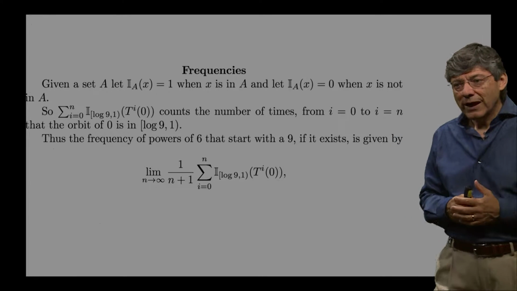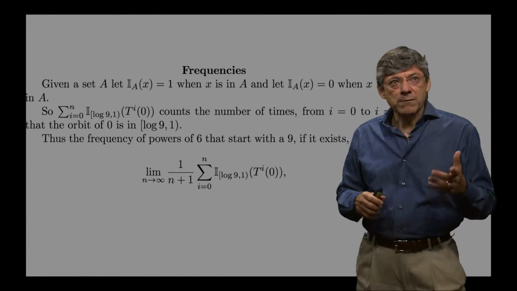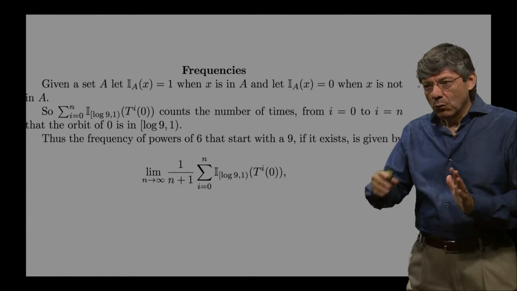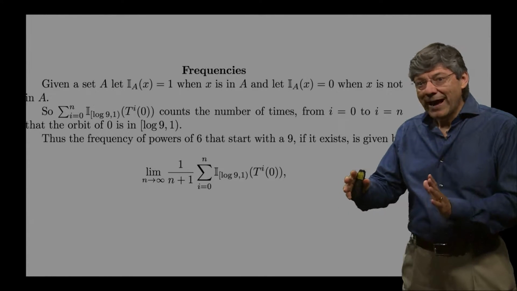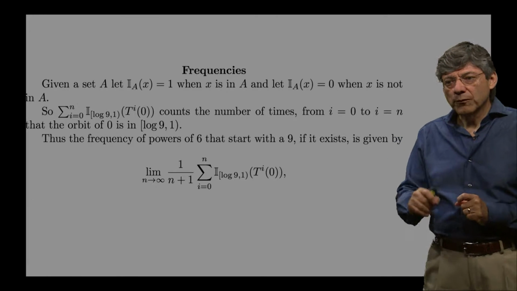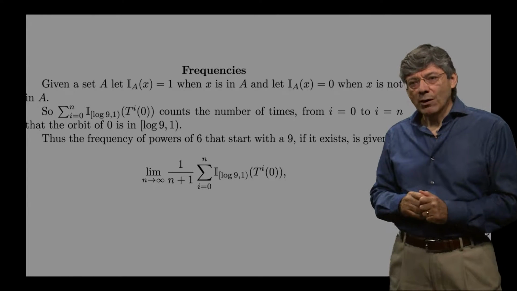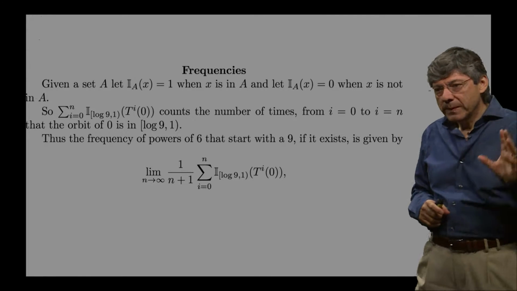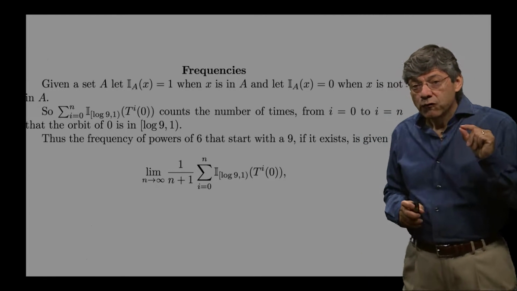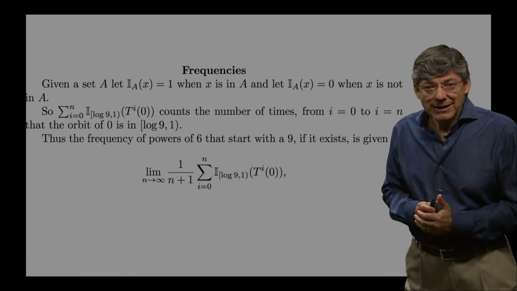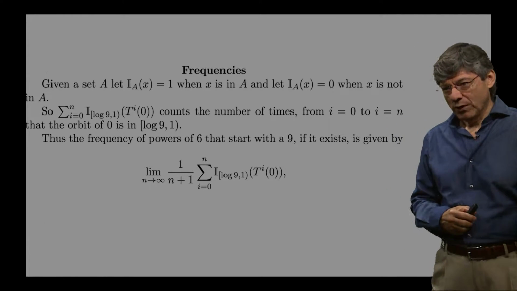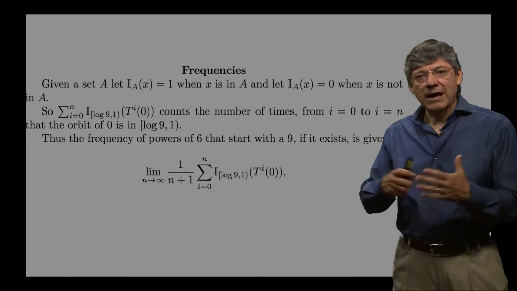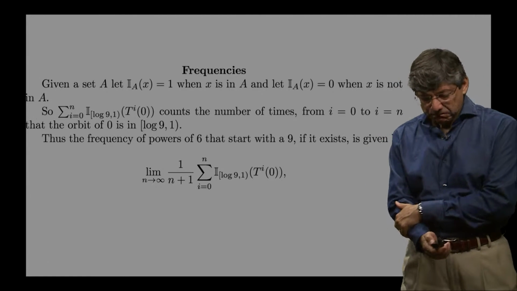So you look at 1 over n plus 1, times the sum from i equals 0 to n of the indicator function of (log 9, 1), evaluated at t^i(x). If that limit exists, this limit is the frequency of appearances of 9 as a first digit in powers of 6. So we have this notion of a frequency of appearances, or frequency of a sequence of numbers.